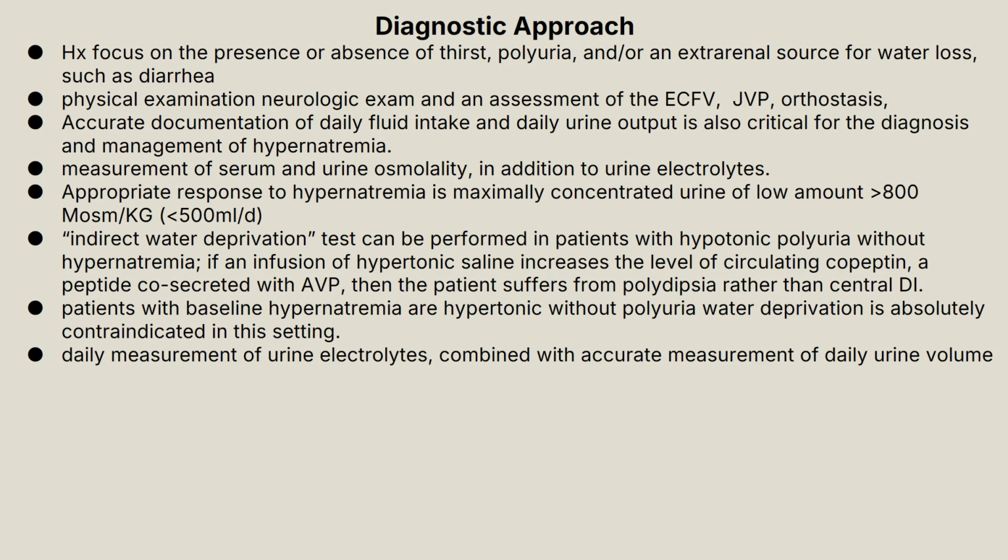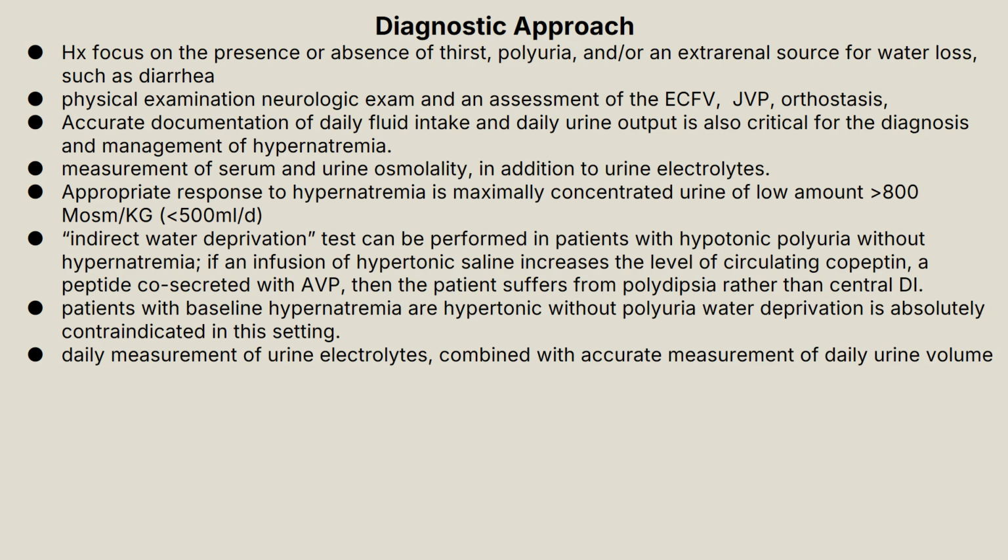Measurement of serum and urine osmolality in addition to urine electrolytes is needed. The appropriate response to hypernatremia is maximally concentrated urine of low amount, more than 800 milliosmoles per kg, and less than 500 ml per day.